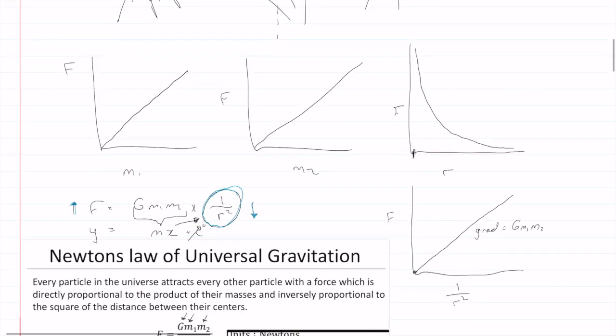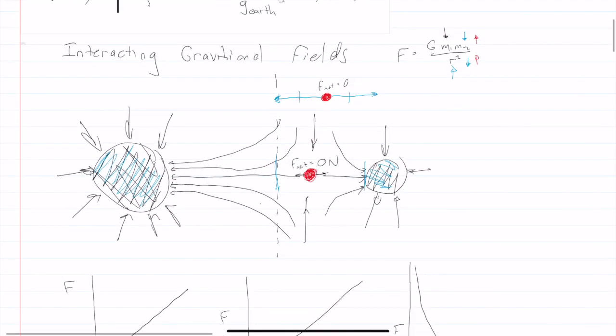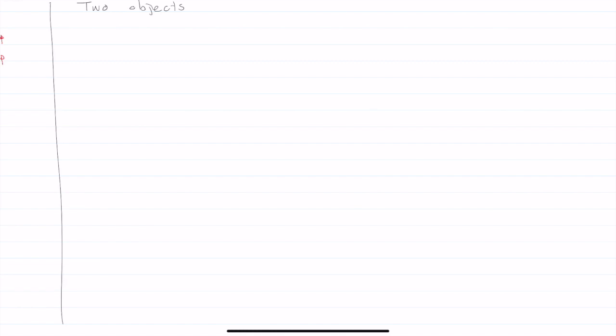We want to figure that out, and to do that, let's get into an example. Let's say we have two objects. Object A has a mass of 2000 mega kilograms, whereas object B has a mass of 10,000 mega kilograms.